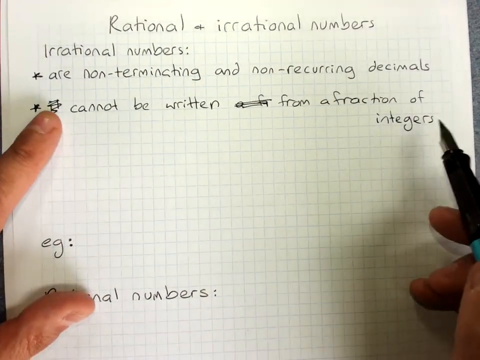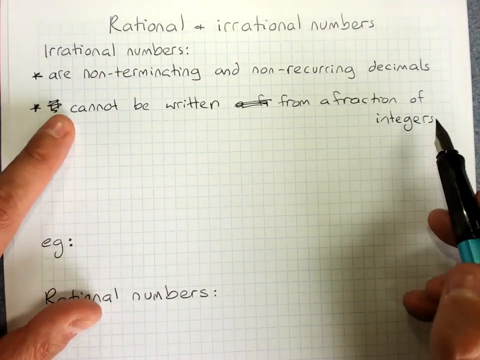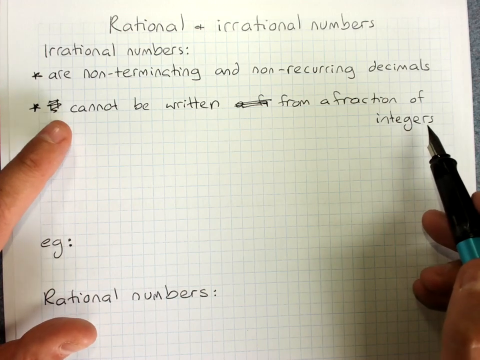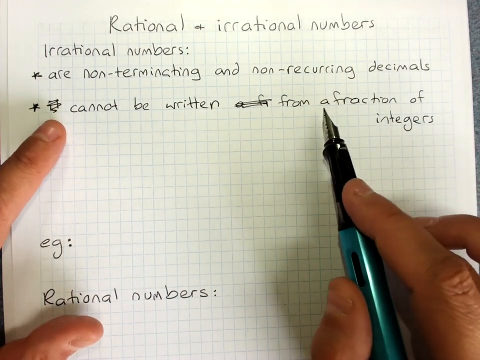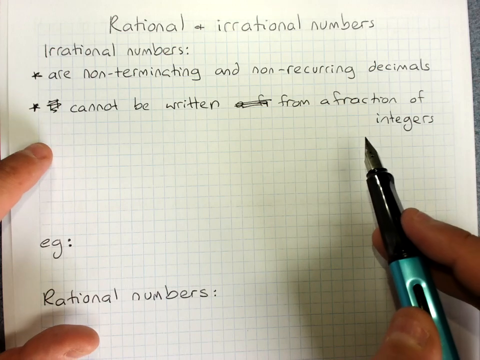So that's your important definition of an irrational number. It can't be written as or from a fraction of integers.